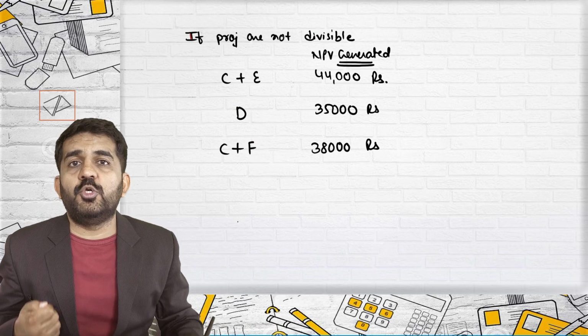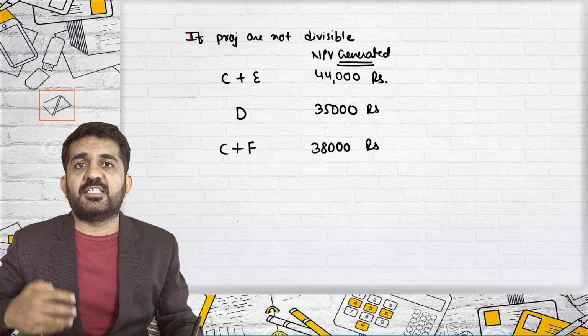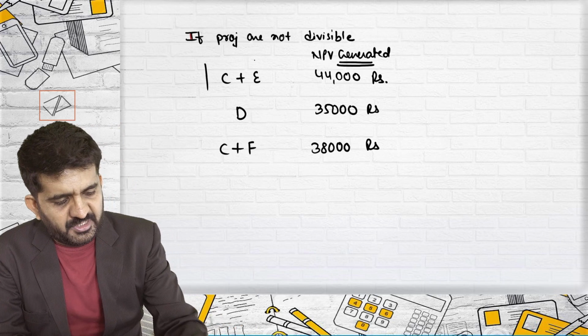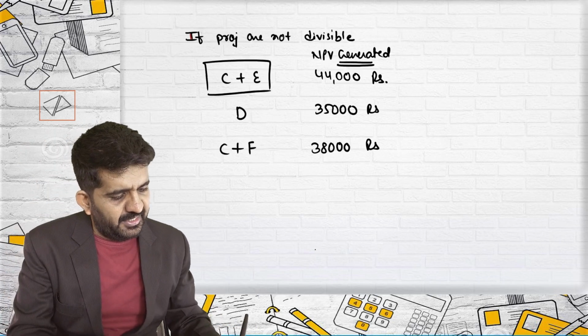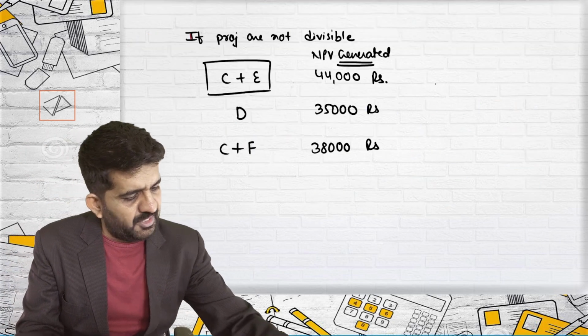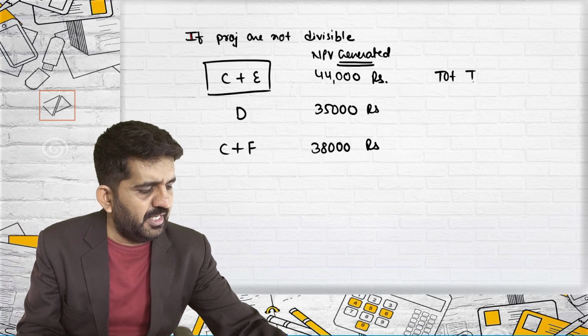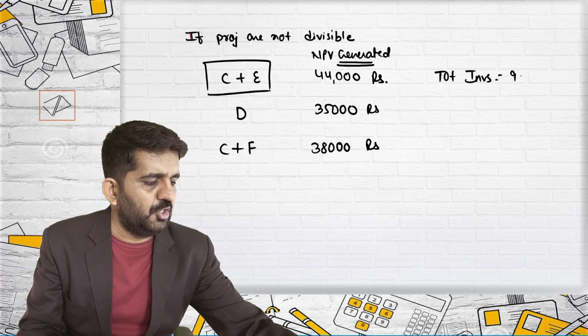Which project should you select if the projects are not divisible? Two projects, C plus E. Your total investment will be 90,000, which is within your budget.